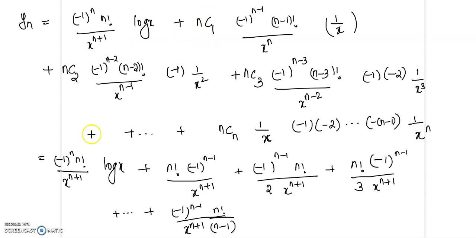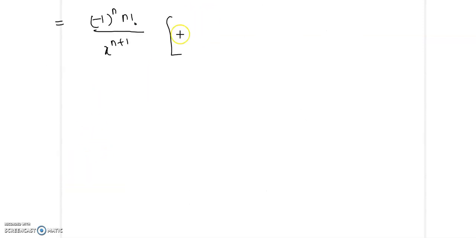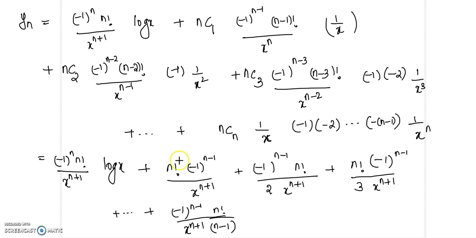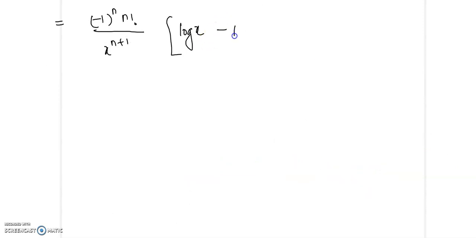In the first term, minus 1 raised to n, n factorial by x raised to n plus 1 is there, so log x comes. In the remaining terms, minus 1 raised to n minus 1 is there, so all the rest get a negative sign. So that will be minus 1, minus 1 by 2, minus 1 by 3, and so on, minus 1 by n. So that is the required result.